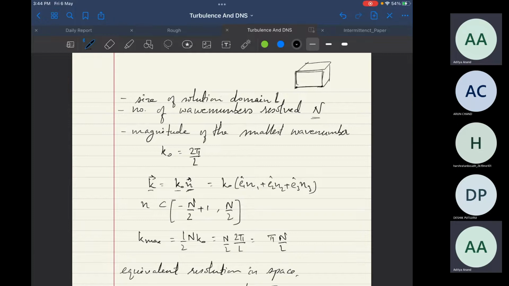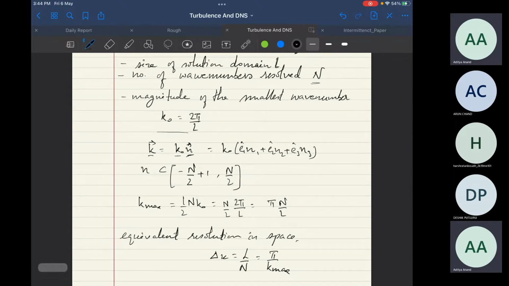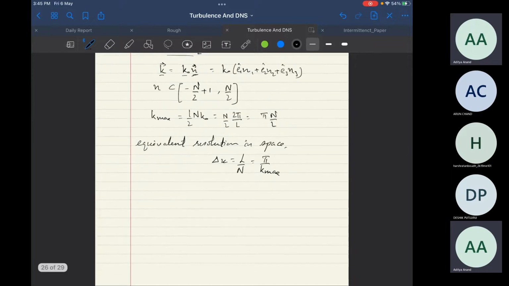This is the smallest wave number, and your largest wave number is going to be half times N k naught, which comes out to be pi times N by L. Now, if you want to look at the equivalent resolution in space, delta x would be L by N, which from this equation would be pi by k max.